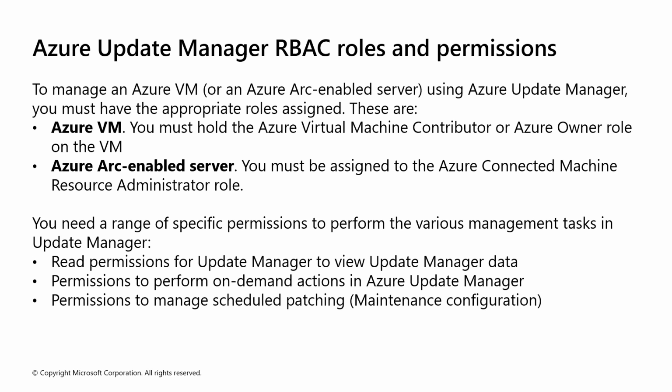I only have one slide on RBAC, but if you're thinking more about becoming a full Azure admin, definitely spend a little more time on the Learn platform. Maybe sign up for AZ-104, the Azure Administrator course, to learn a lot more about role-based access.